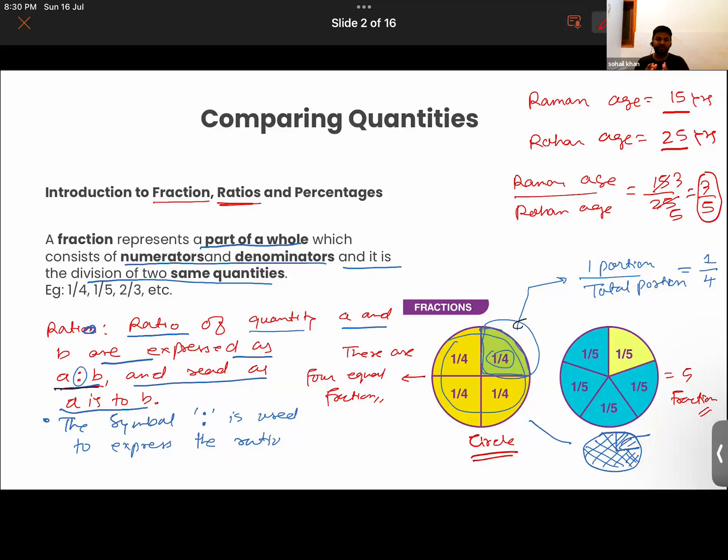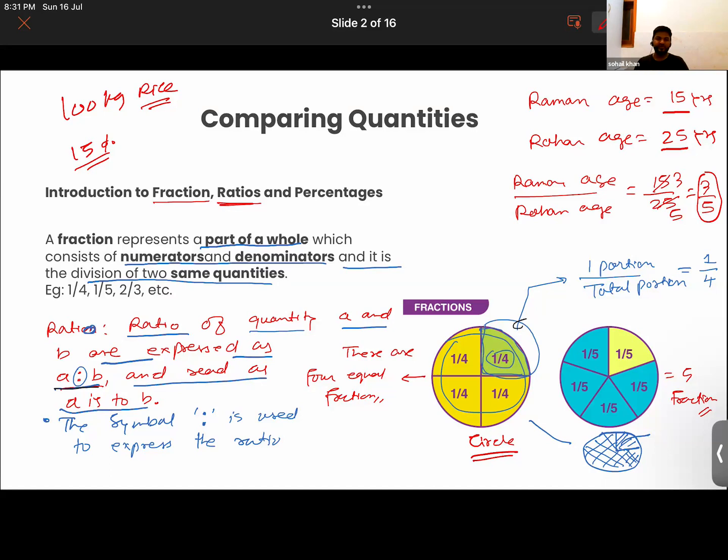So you get the ratio between the two quantities, and it is written as A is to B. Then another method of comparing quantities is by percentages. If you are given 100 kg of rice and someone asks you to take out 15% of the 100 kg, that is a concern with percentages.